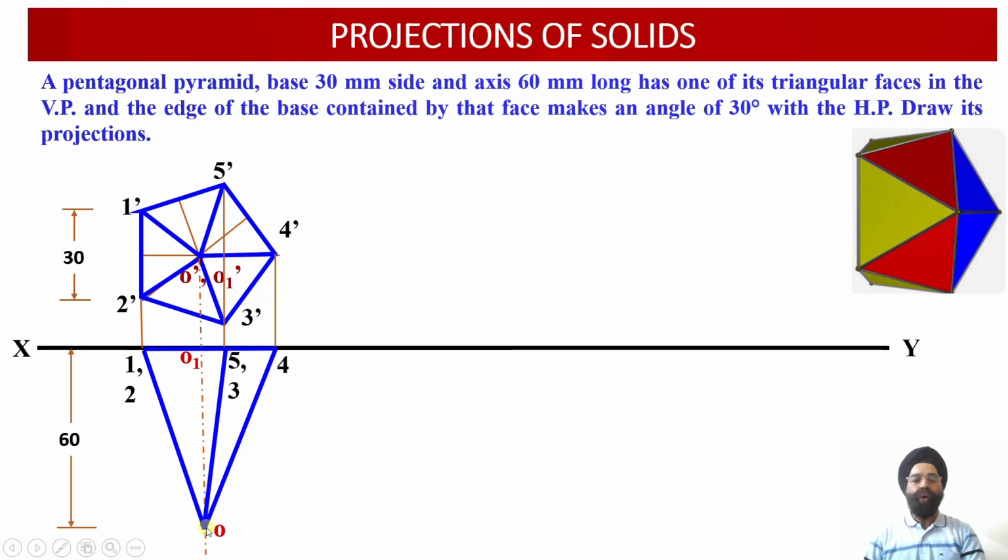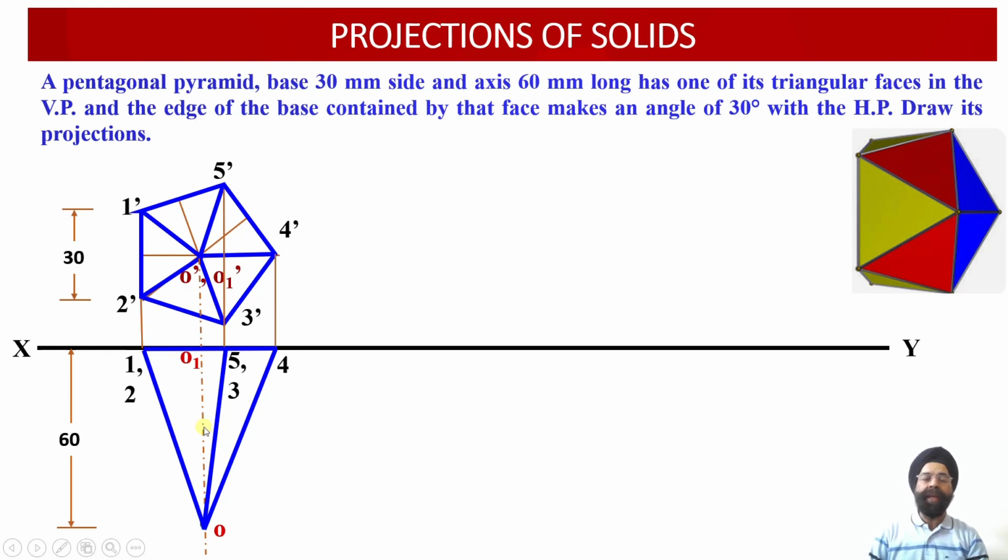But the O5 object line projection is going to supersede the dotted line projection of the slant edge O3 over here. So we are going to get the top view projections as they have been shown over here.